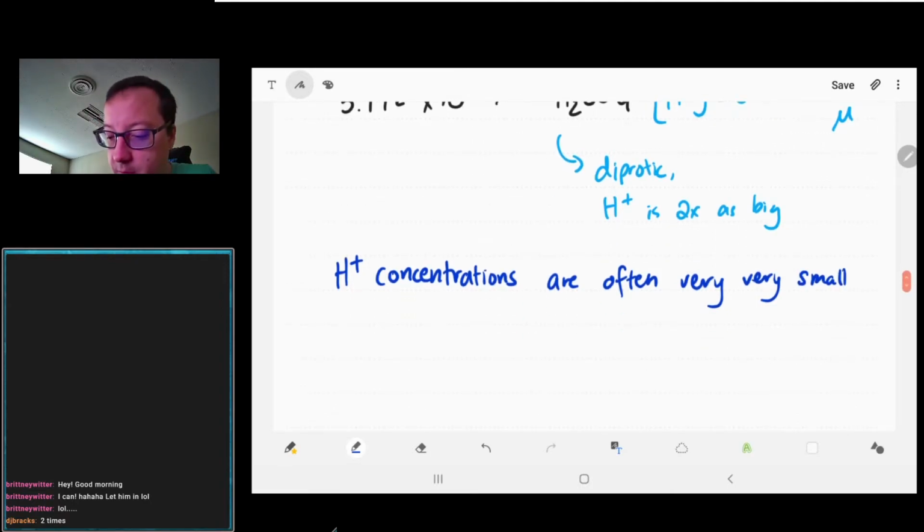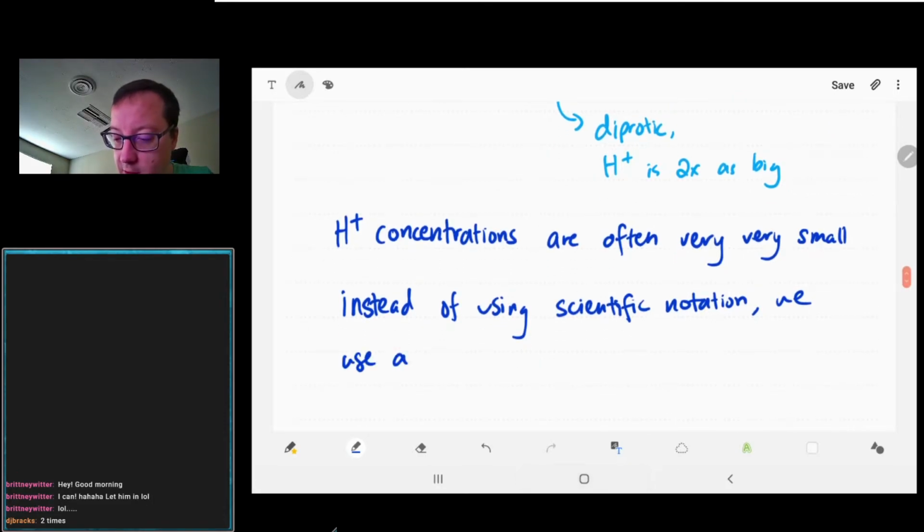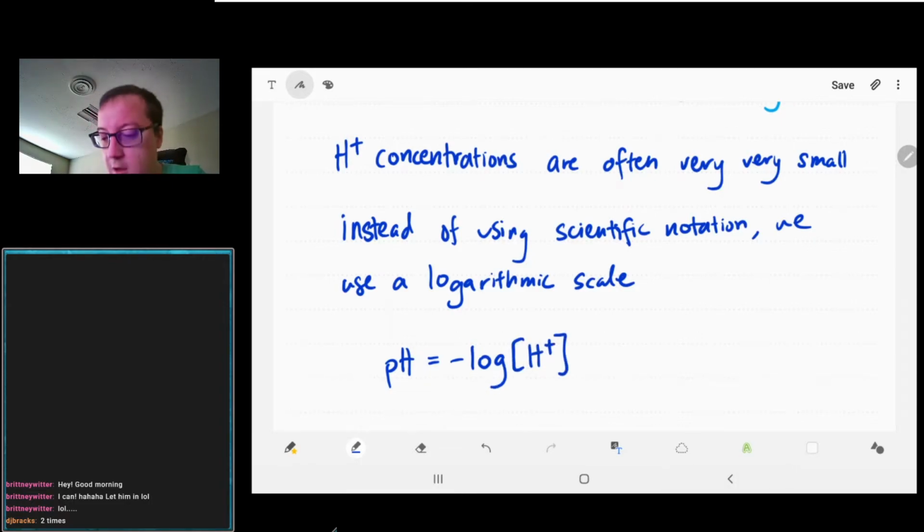And so what we do is, instead of scientific notation, we use a logarithmic scale. And so we're going to have this thing called pH, which is going to be the scale that we're going to use.